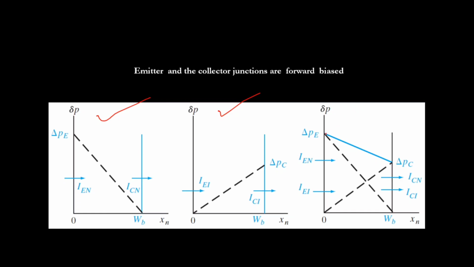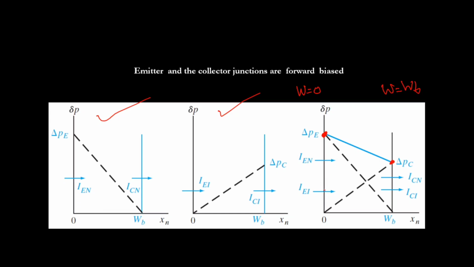So my hole concentration at the emitter side where W is equal to 0 is delta PE, and the hole concentration at the collector junction where W is equal to WB, I'll get this. And there will be two currents flowing through the junction.